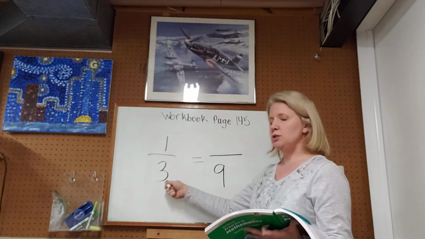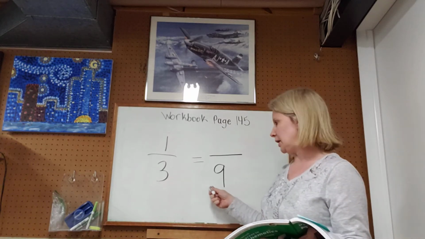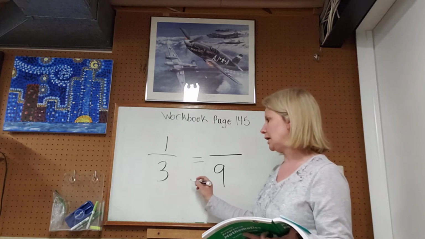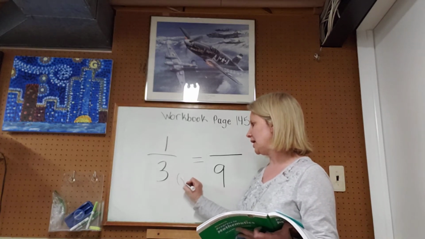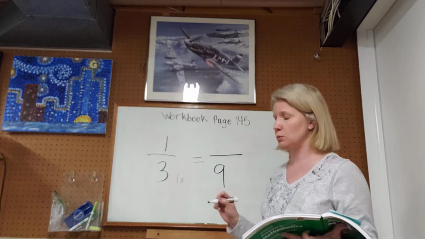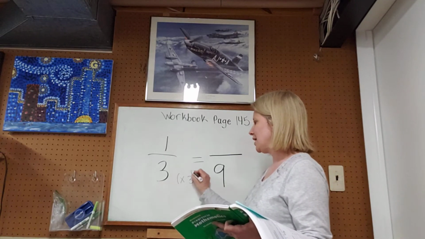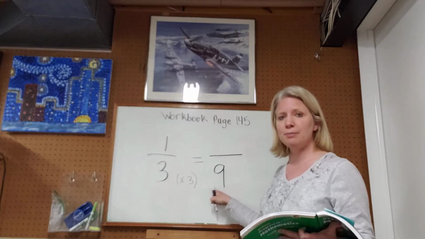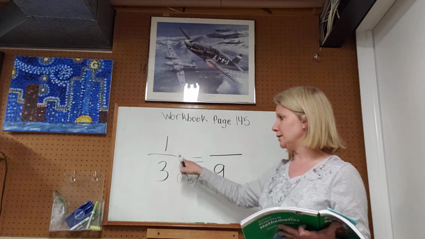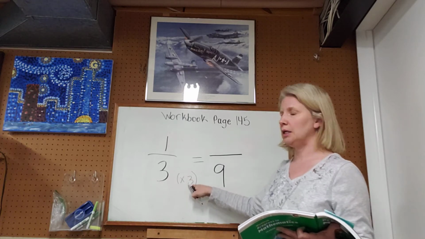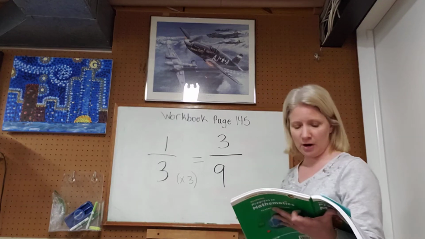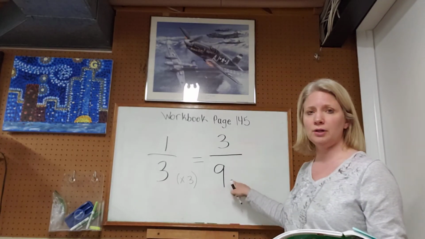So what do you do to the bottom? What number times 3 is going to give you 9? Well, it's 3. 3 times 3 equals 9. So since you did times 3 to the bottom, you also have to do it times 3 on the top. So 1 times 3 is going to give you 3. So your equivalent fraction would be 3/9.